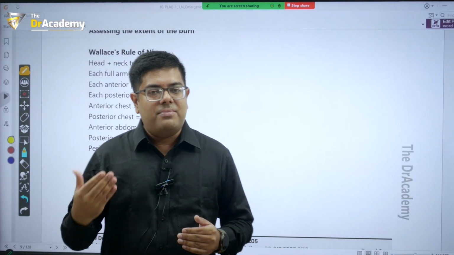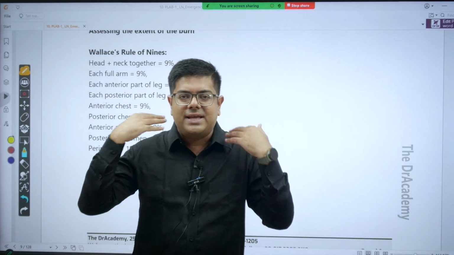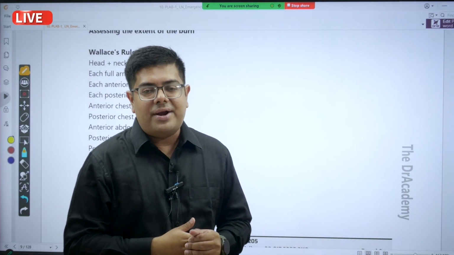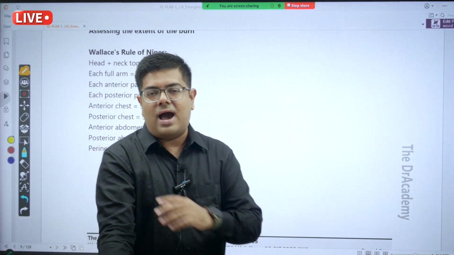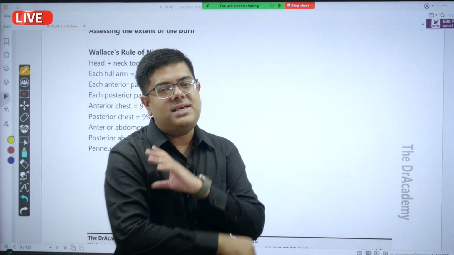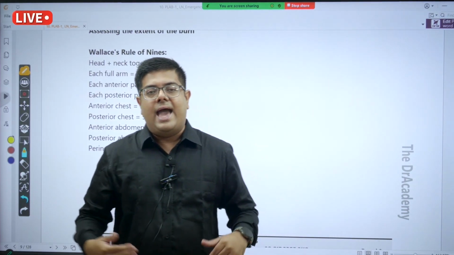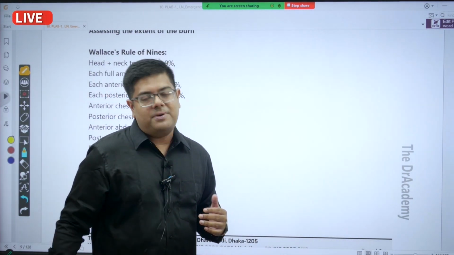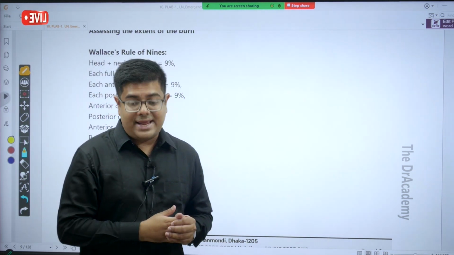So you have to memorize this, and if you divide your body into different parts, it's very easy to remember. Just one difference between arm and leg. Arms have no anterior posterior part. One total arm is 9%, and legs have anterior and posterior part. Front part 9%. Back part 9%, one leg is total 18%.